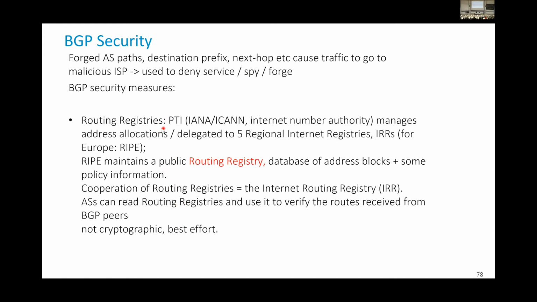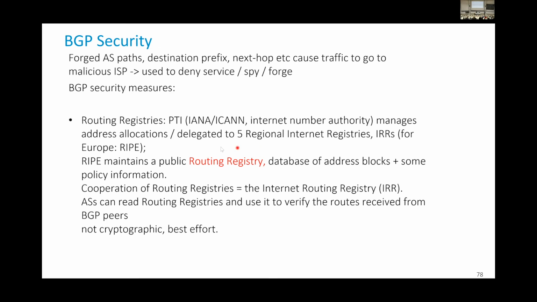So the first one is the fact that addresses are not randomly allocated. I mean, when this ISP was advertising EPFL, that should have seemed strange because this ISP is not owning this block of addresses. IP addresses are allocated to regional registries.